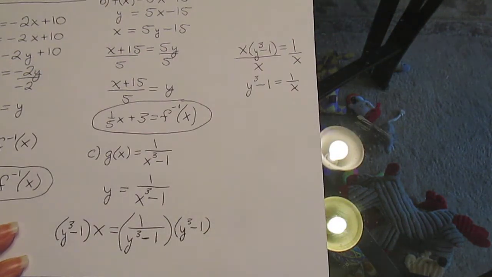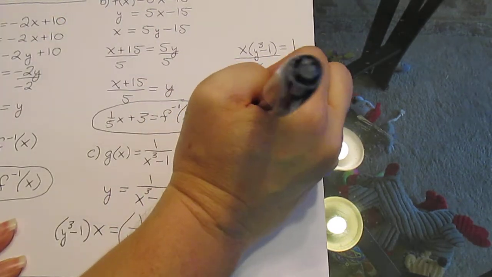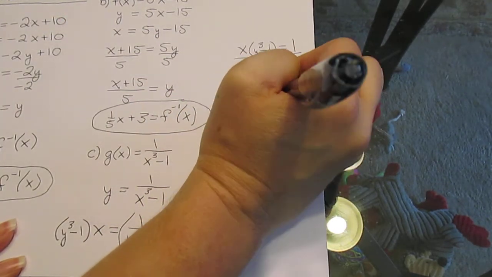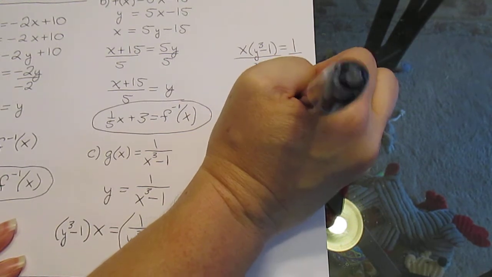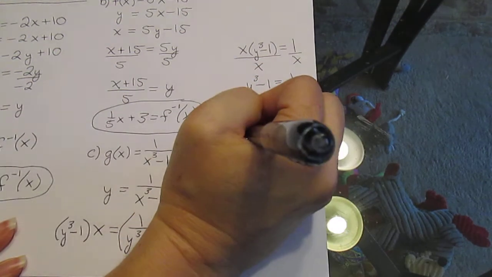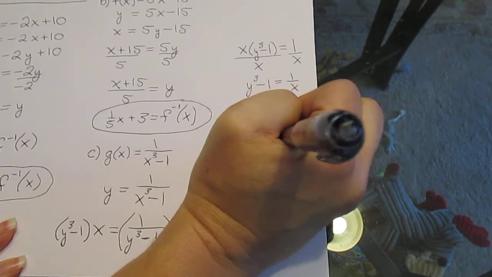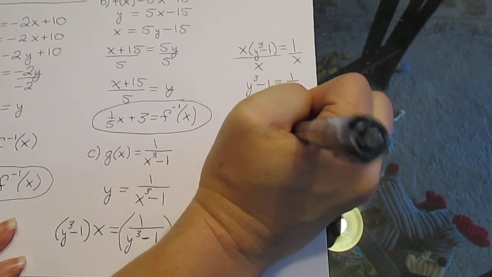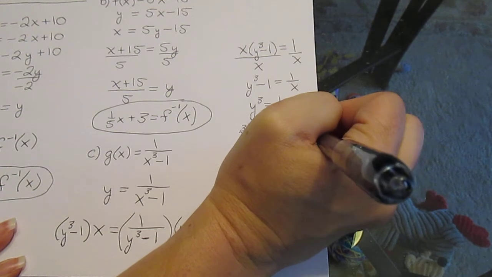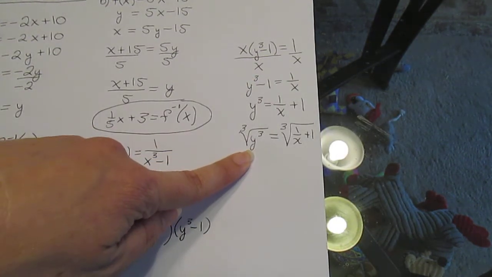That way we can see, okay, now all we need to do is add 1. And then to get rid of the cube, we're going to take the cube root. And that's going to get y by itself, okay?